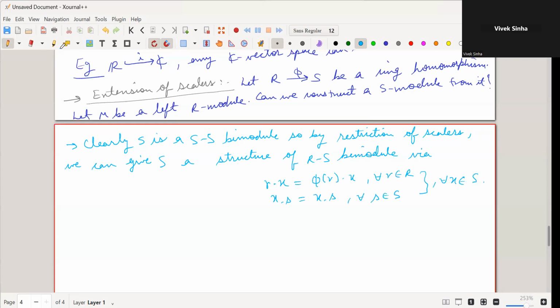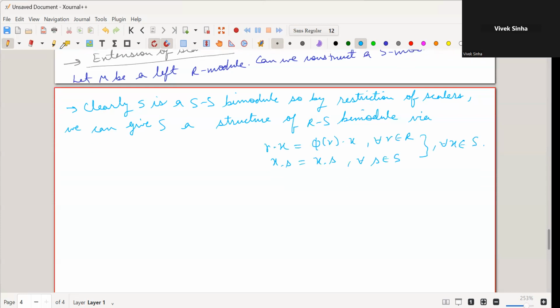Yes. Then, parallelly, S is an SR bimodule. Now you restrict it from the other side and keep this part as it is, and restrict it on the second, the right side.